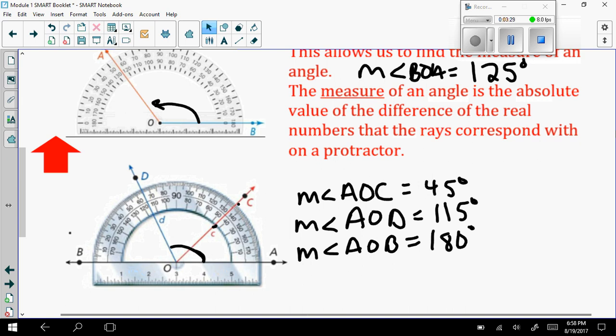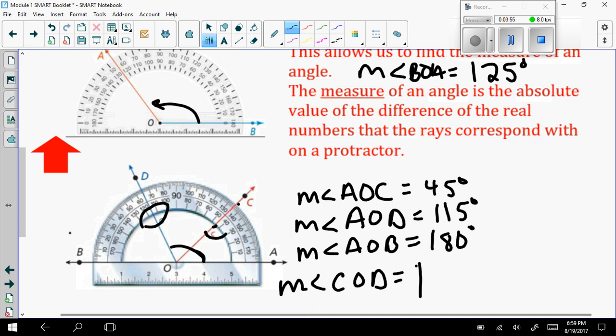So if I wanted to measure angle COD, I would do the absolute value of the 115 minus the 45.